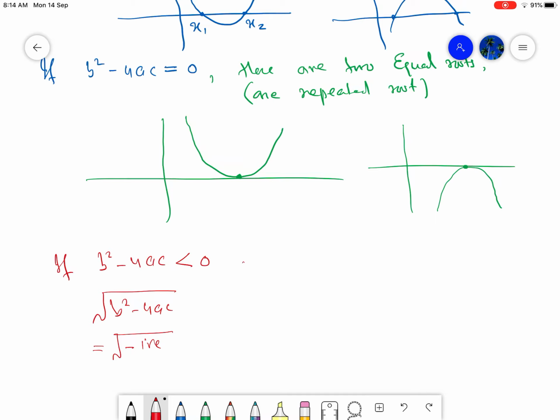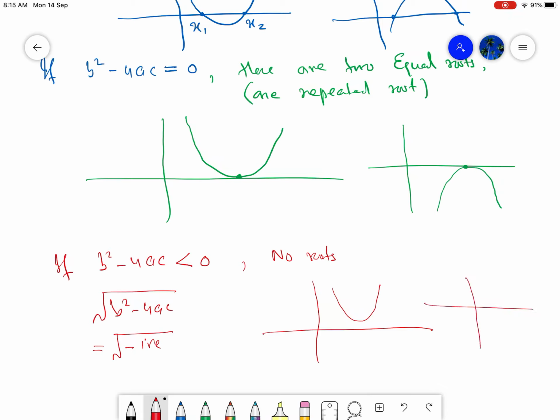There are no roots in such a case, because we cannot take the square root of a negative number. We can simply write no roots, or no real roots in general. And in that case, if we sketch the graph of such a function, it will not touch the x-axis.